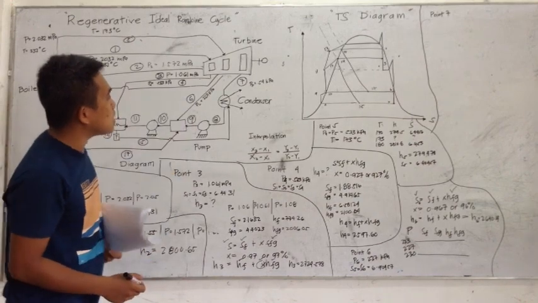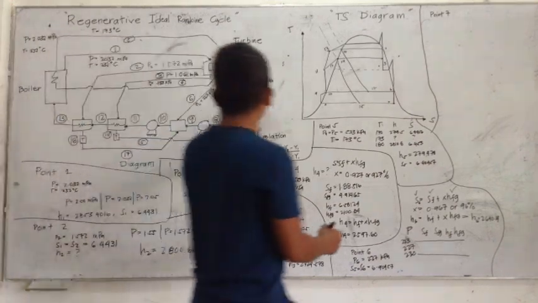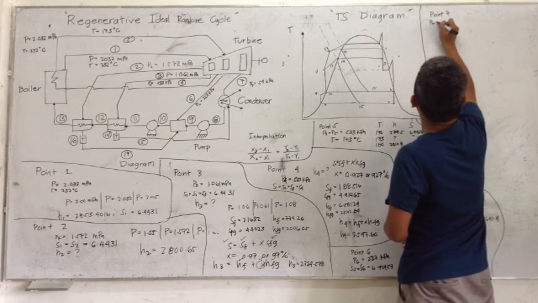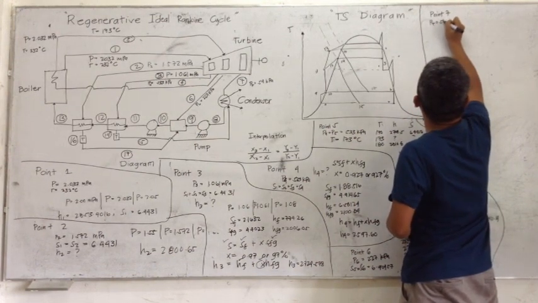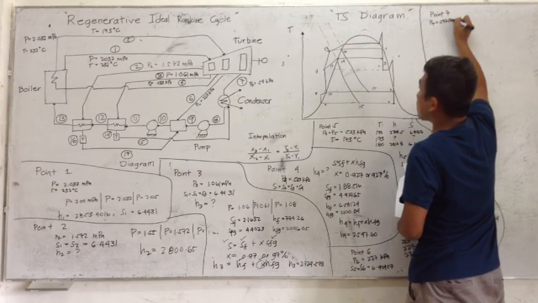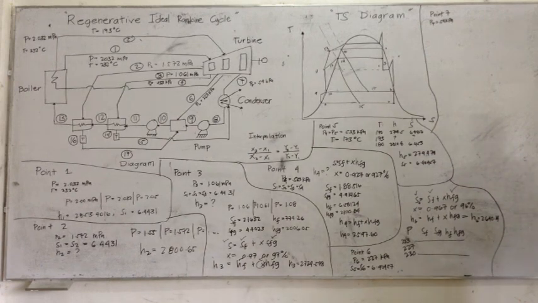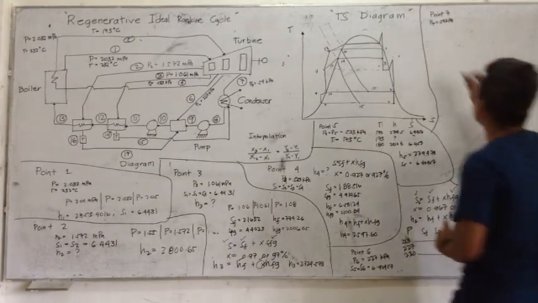we have a pressure 7 which is 54 kPa. P7 is 54 kPa. And our S5 is constant with S5, S6, and S7.